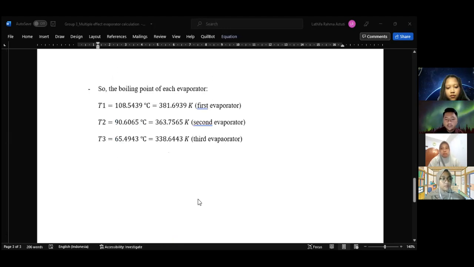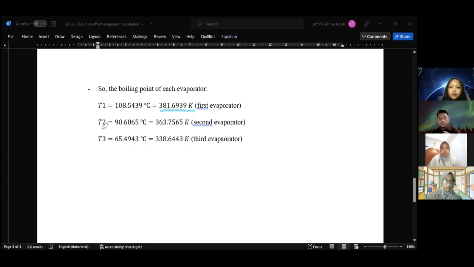And then for this problem, we get the boiling point of each evaporator. For the first evaporator, or T1, we get the value of 108.5439 degrees Celsius, which is also equal to 381.6939 Kelvin.